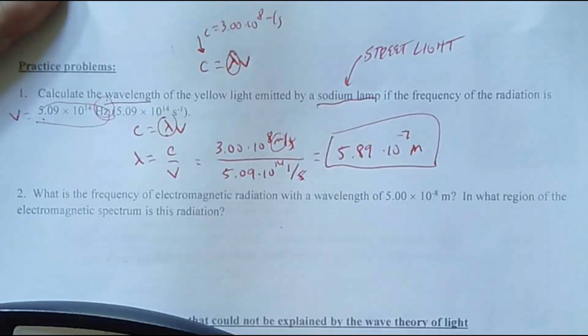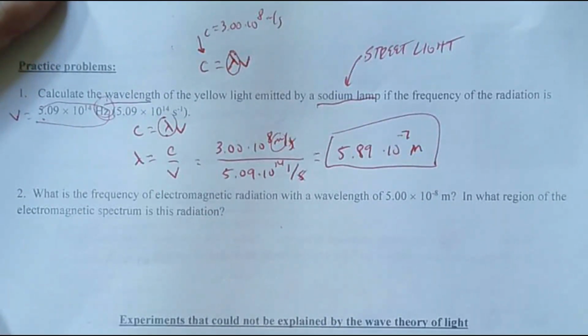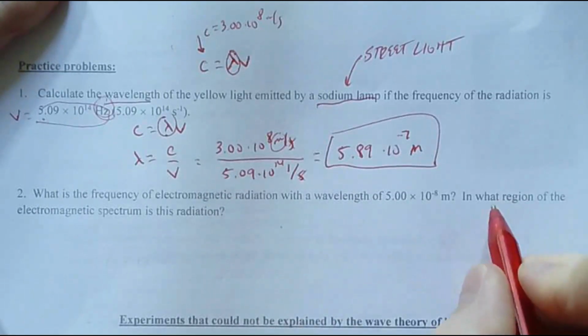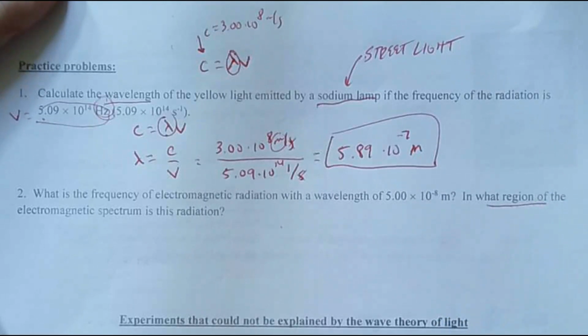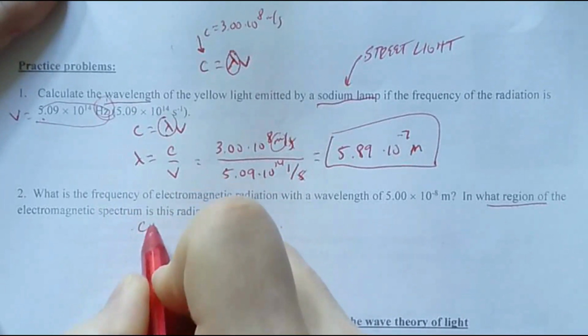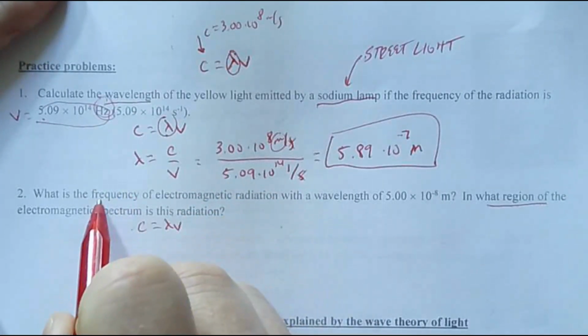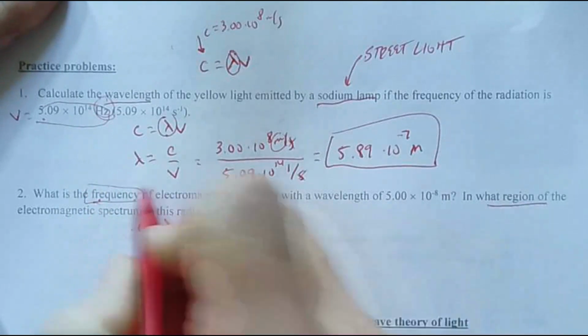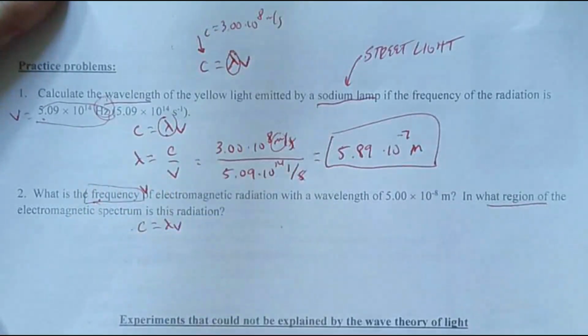All right, moving on to the second one, which was: what is the frequency of the electromagnetic radiation with a wavelength of 5 times 10 to the minus 8th, and in what region of the electromagnetic spectrum is this? So, again, our equation that we'll be using here, we're looking for frequency, so we're looking for nu, and we're given a wavelength.